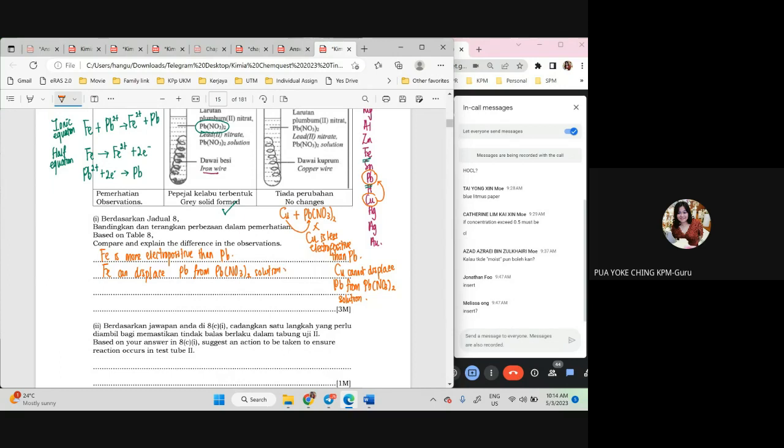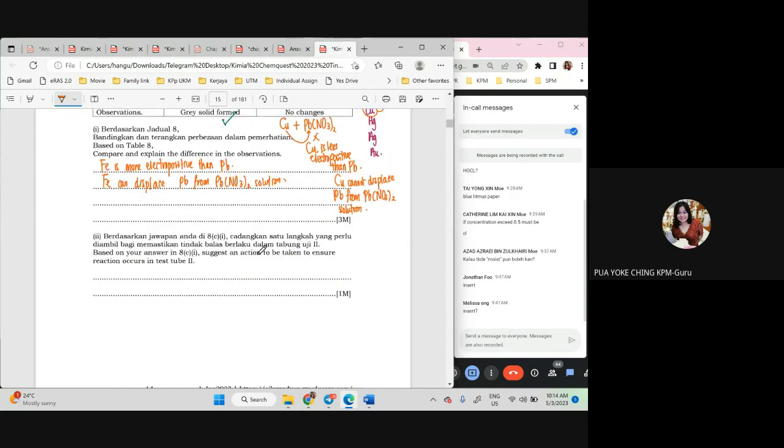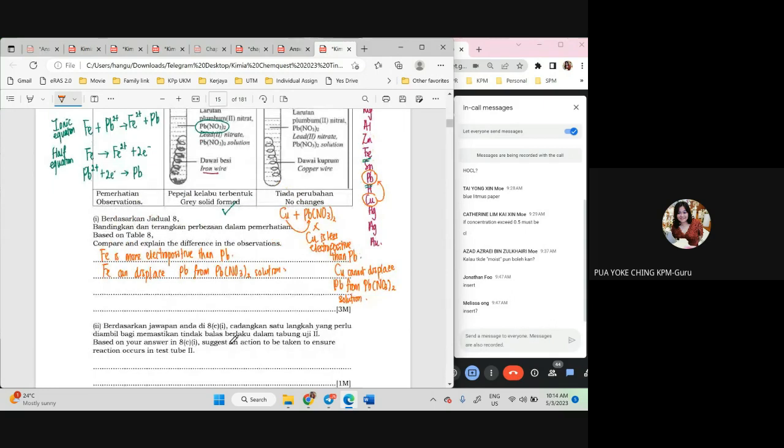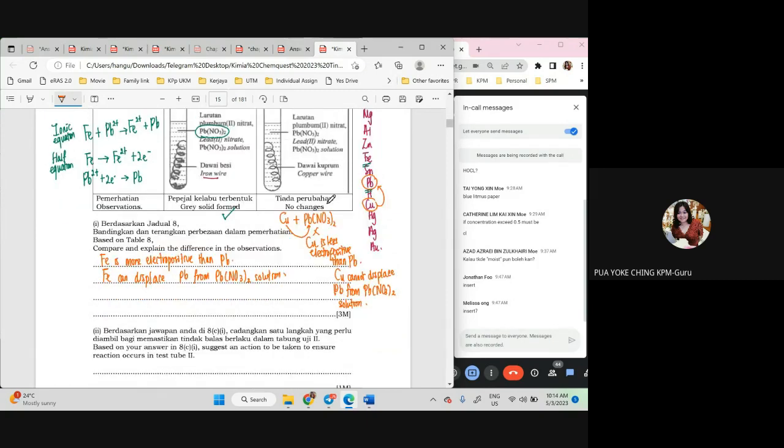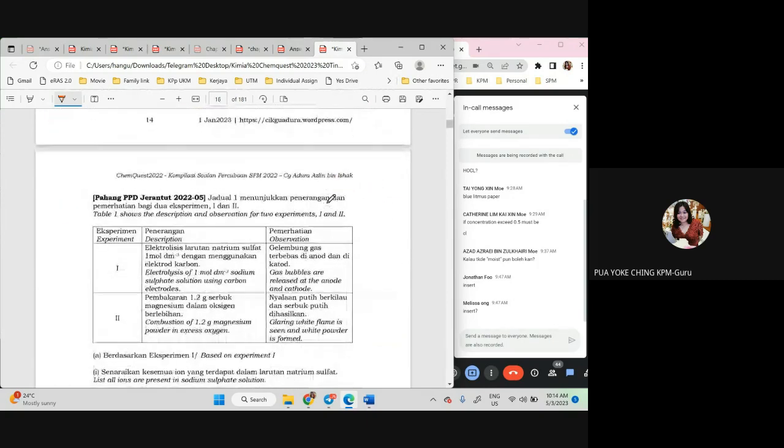Okay? So, cadangkan supaya boleh berlaku. So, maksudnya apa you boleh buat lah? Tukarlah. Okay? Jangan pakai copper. Pakai yang atas Fe. Contoh aluminium. Okay? So, Pahang PBD, sodium sulfate.